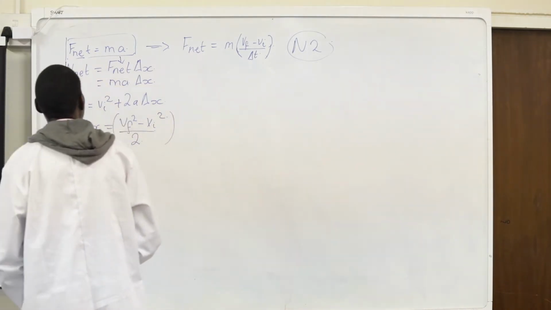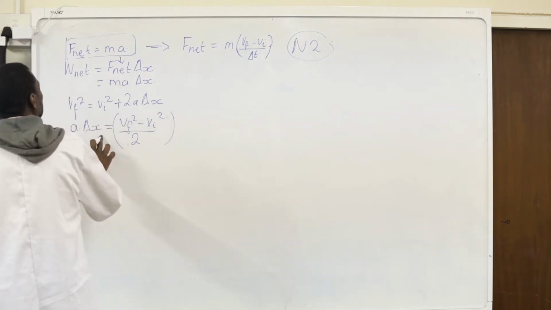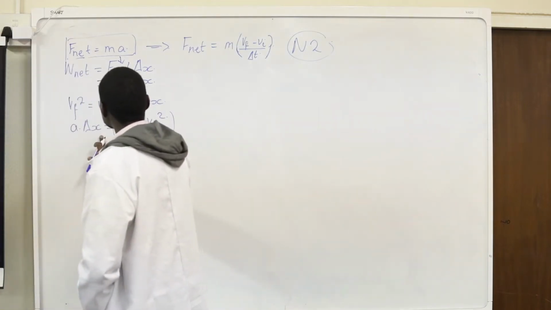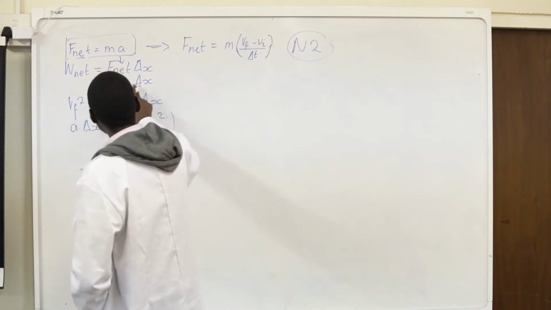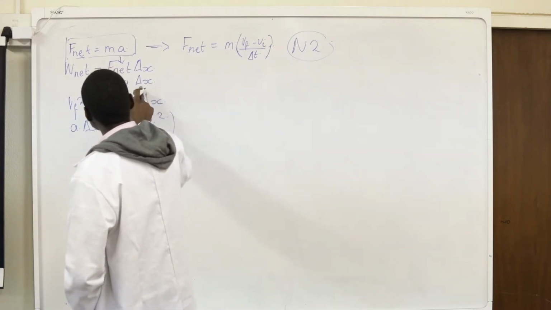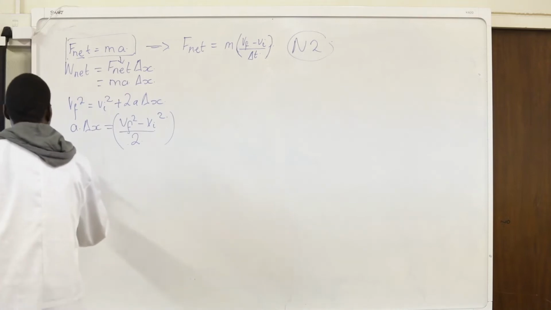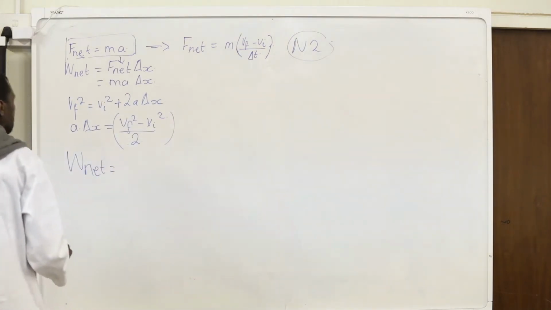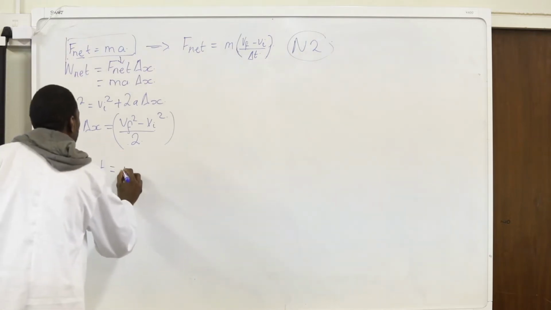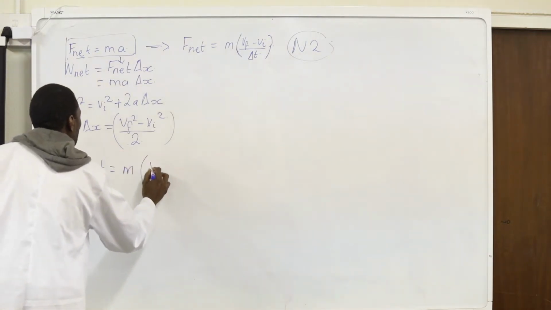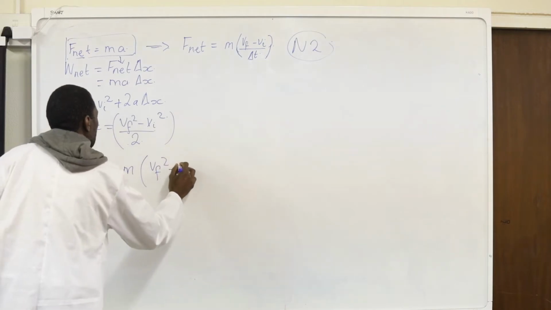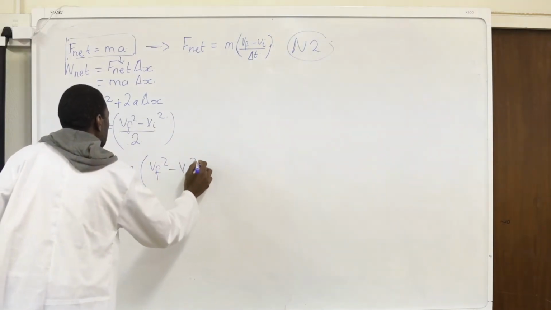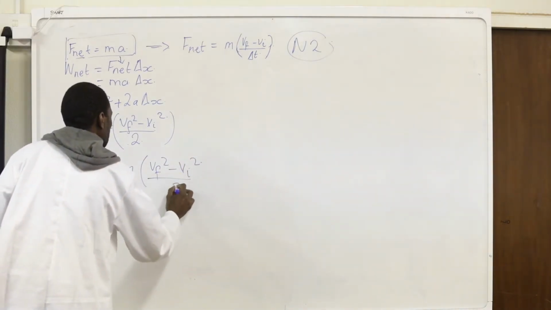If a multiplied by change in x is representing that in W net, you will agree with me that net work is equal to mass multiplied by Vf squared minus Vi squared all over 2.